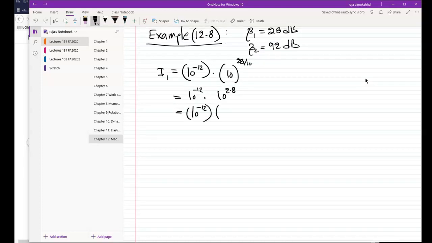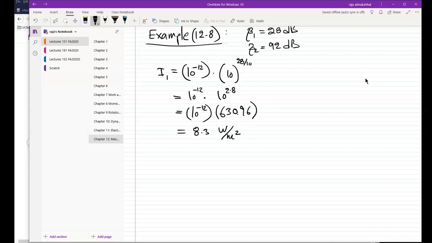I got 630.96, and then I multiply this by 10 to the negative 12. Answer, I got 8.3 watt per meter squared.